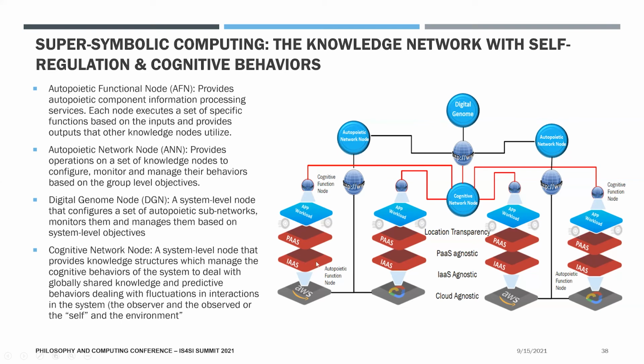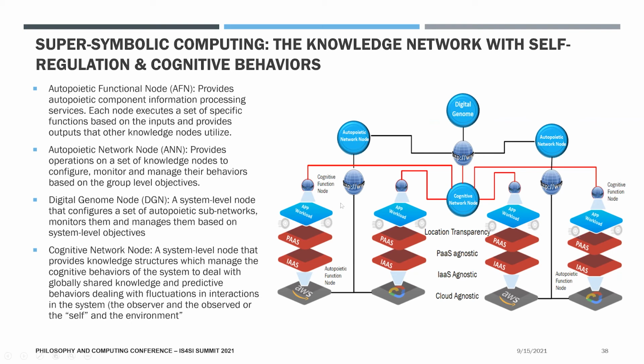Your CPU and memory come from your IaaS, and your databases, application servers, and all the middleware and web servers all come from here. This is all your senses, the five senses, and this is where you get your fuel for computation. And here is your application, which now has a concept of its own self and its own autopoietic behaviors and cognitive behaviors.